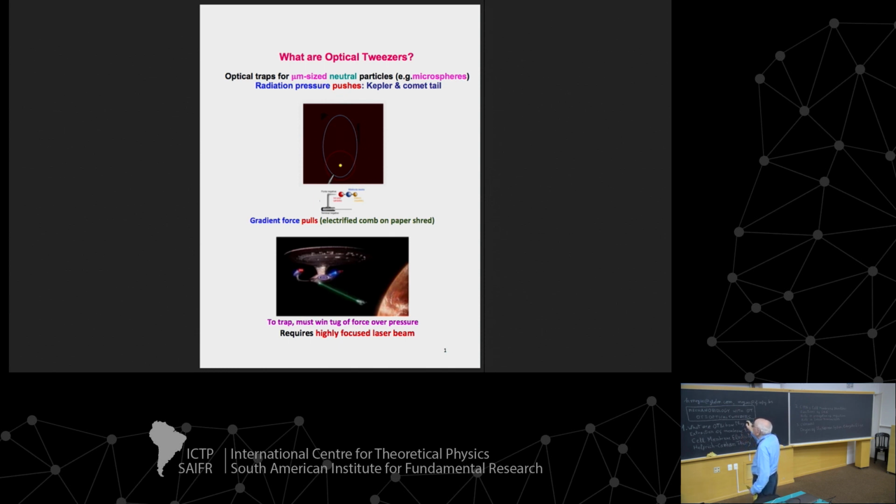If you have a sharp point, at the point of a comb, which is electrified, okay, say with positive charge, then if you have a neutral particle, the field is much stronger near the point than far away.